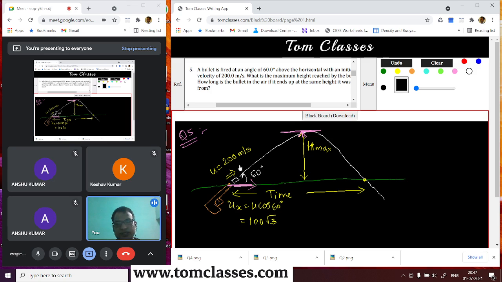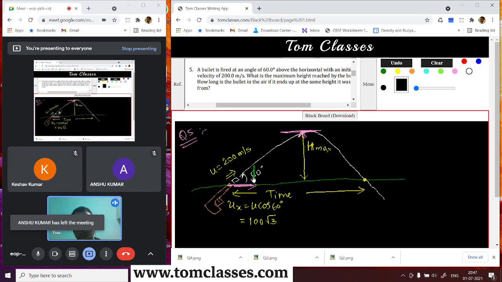Okay, and it will have a vertical component. So this vertical component will be u sine 60 degree, that is 100 meter per second, right?